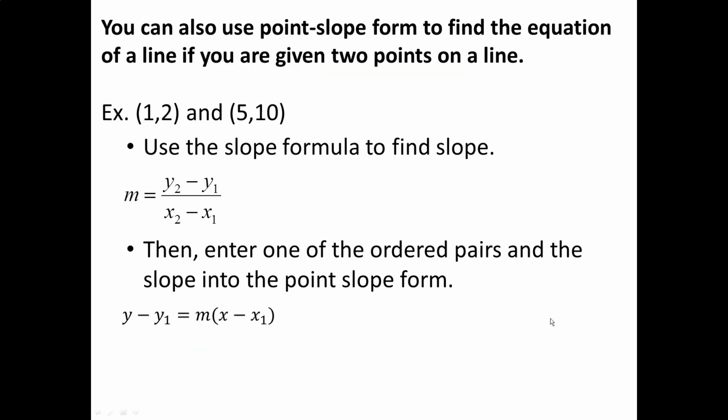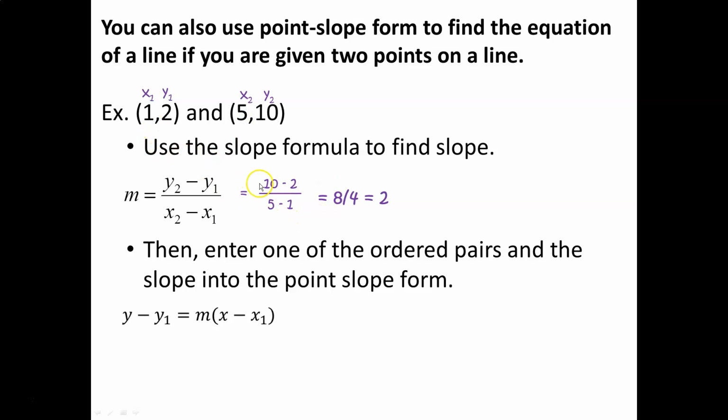You can also use point-slope form to find the equation of a line if you're given 2 points on a line. So we have the points 1, 2, and 5, 10. So our x1 and y1, and our x2, y2. We're going to fill in our y2 minus y1 over our x2 minus x1.